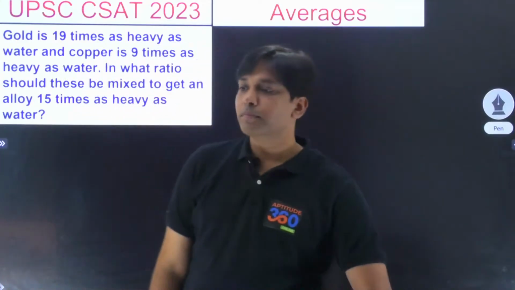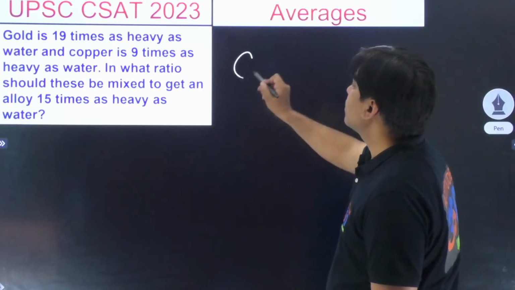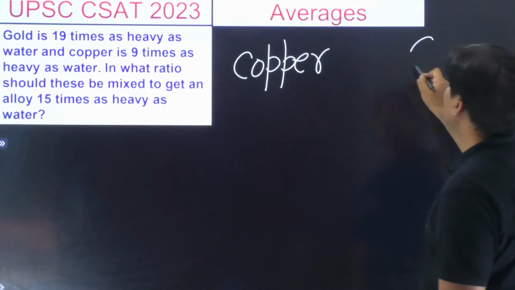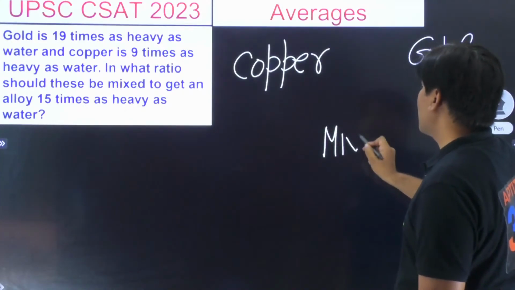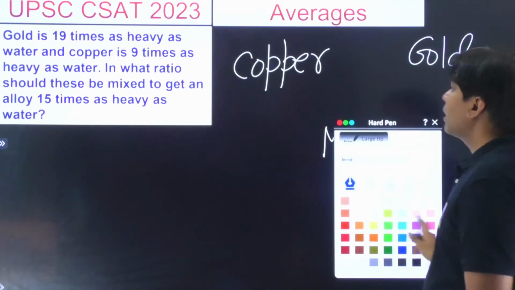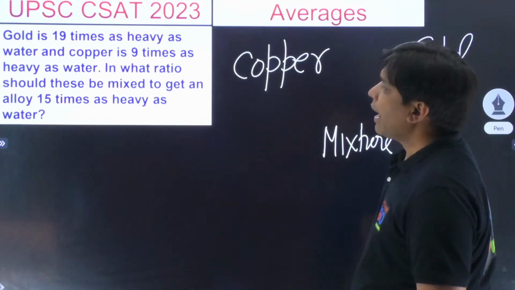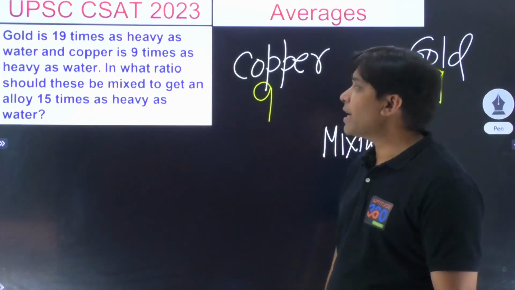So what do you have? You have got copper, and then you have got gold, and they're talking about a mixture, and it says that gold is 19 times as heavy as water, and copper is 9 times as heavy as water.